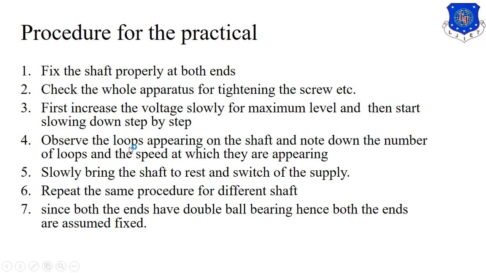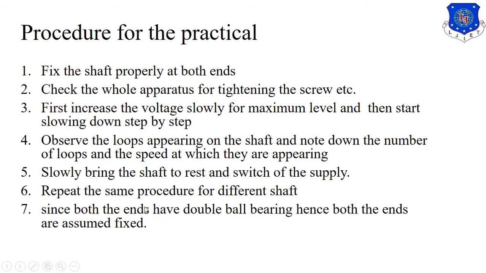Now we need to observe the loops which are appearing in the shaft, and note down the number. But in our apparatus, we are using fixed bearings, hence we will only get a single loop.